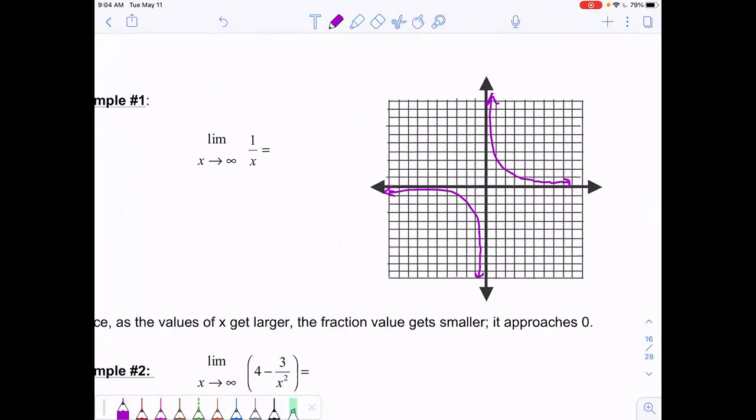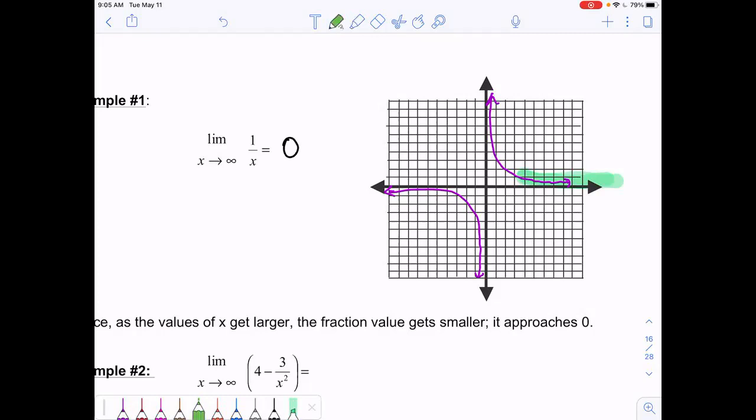So this is asking you to just look at the limit as x approaches positive infinity, which means I'm looking at this side of the graph as x is going to positive infinity. Not the negative infinity, just the positive infinity. So the limit of my function as x goes to positive infinity would be 0. Yeah, that's equal to 0.